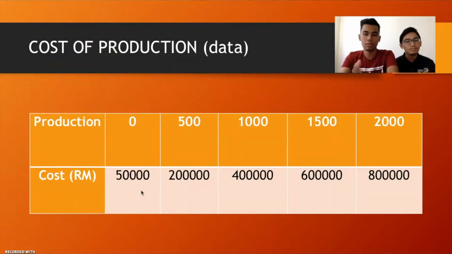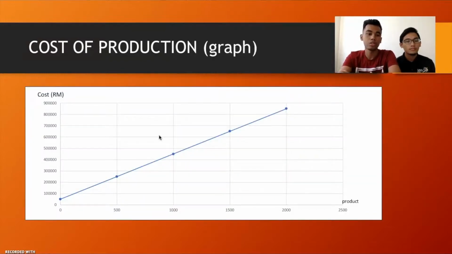So as our topic is going to talk about armchair, here's the data. When the production is zero, the manager still needs money, which is the budget, to afford the material, the wood, to produce armchairs. So from the data we can form a graph.